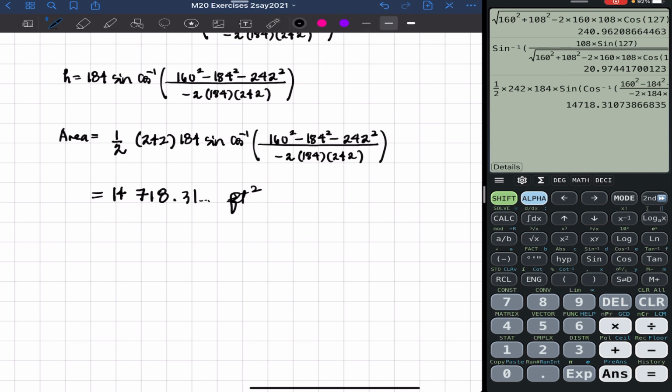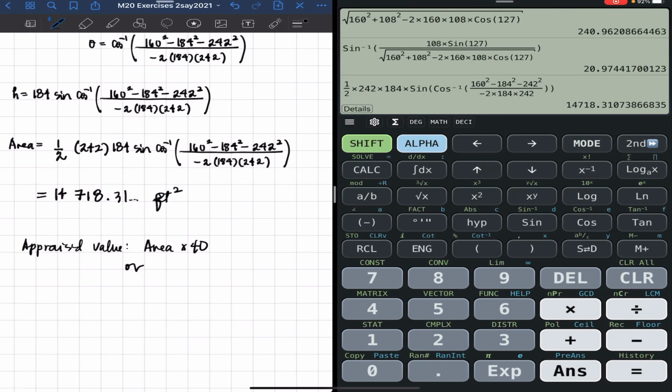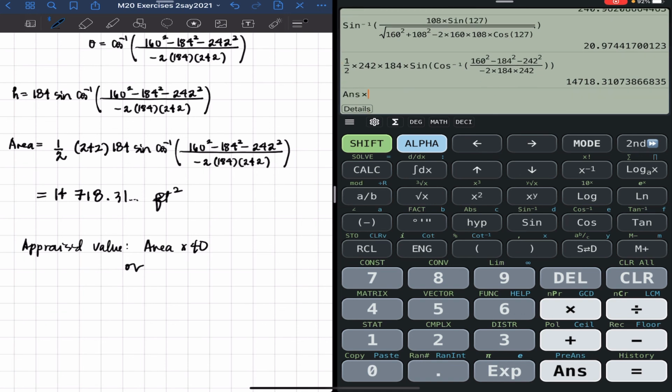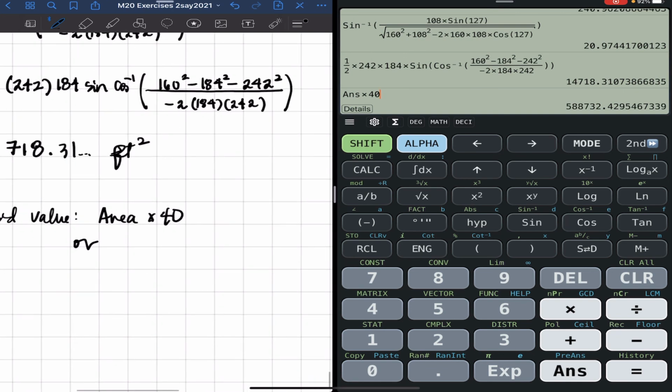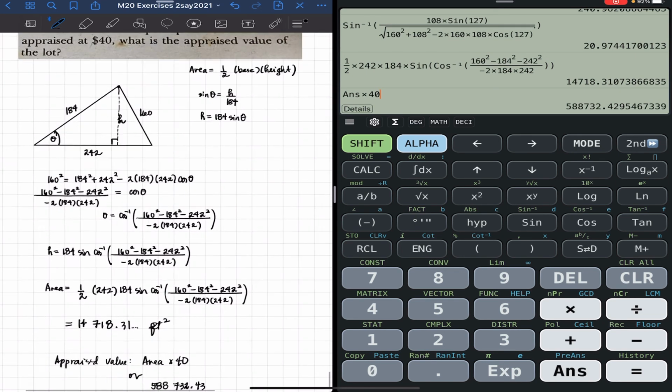So, yung appraised value is area times 40 or the times natin yung nakuha natin sa calcu by 40. So, times 40 or 588,732.43 yan. Ano ba notation ng dollars?